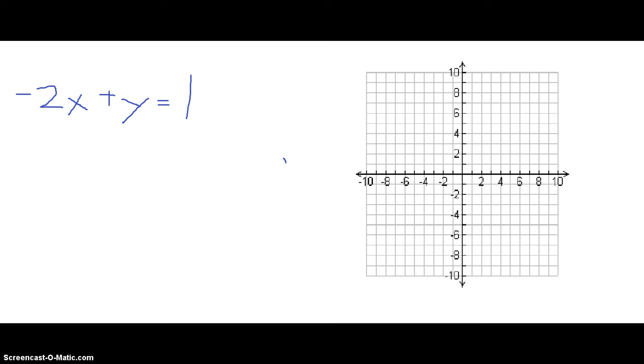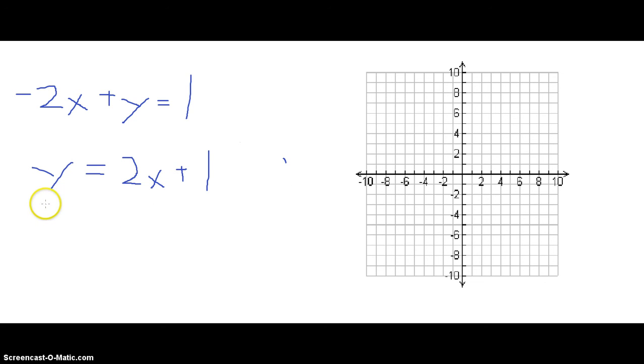So what we're going to do is transfer this y over here, moving the y across the equal sign. And then we're going to transfer the negative 2x to the opposite side of the equal sign. So it turned positive. And the 1 is going to stay 1. And boom, our problem is done.